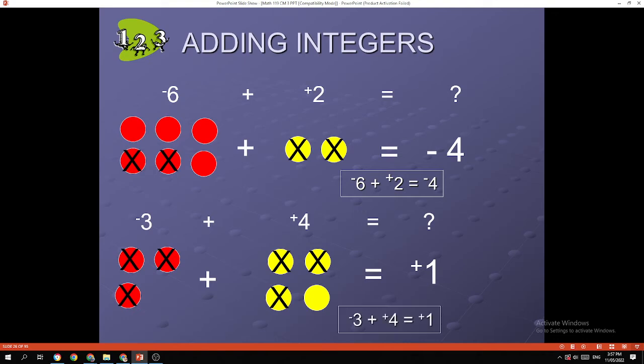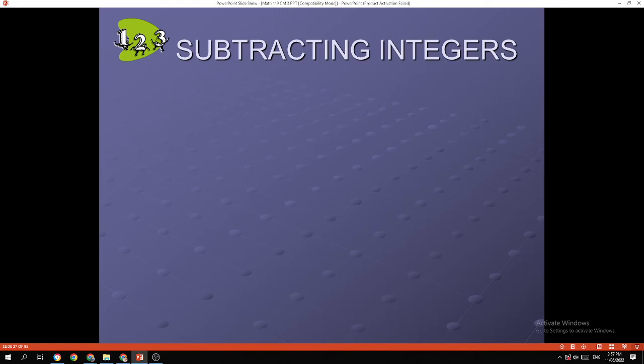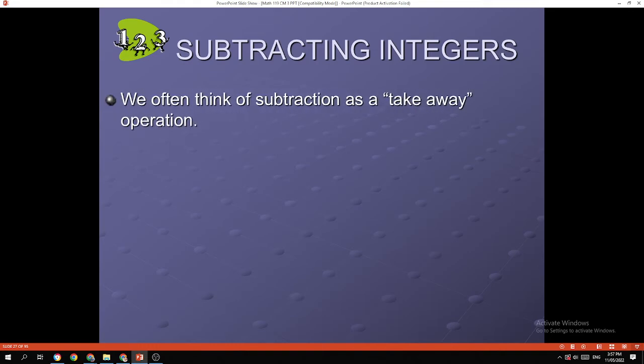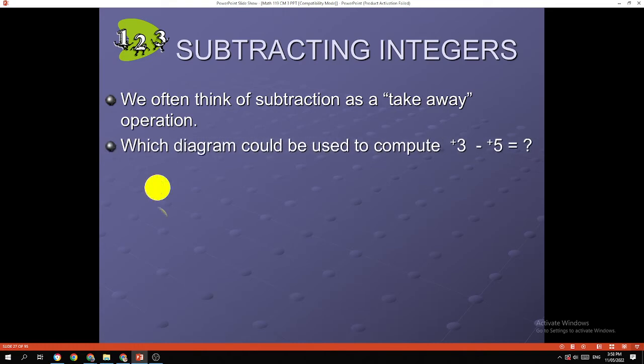Okay, let's go to subtracting integers. So subtracting integers is different. Look at this one. We often think of subtraction as a takeaway operation. So when I say, which diagram could be used to compute positive 3 minus positive 5? So, unsa may buhaton nako ani?